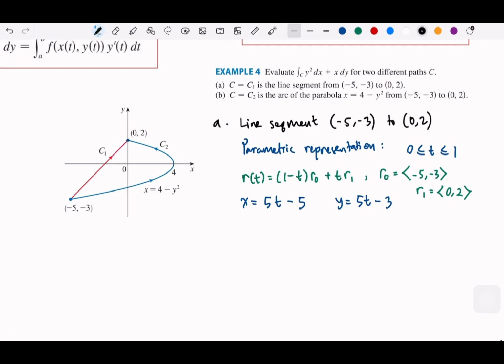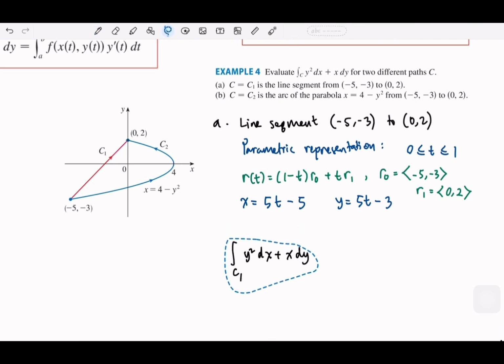Okay, so that's the line segment, and we then evaluate the integral over C1 of y squared dx plus x dy. I think we can use our parametric form.